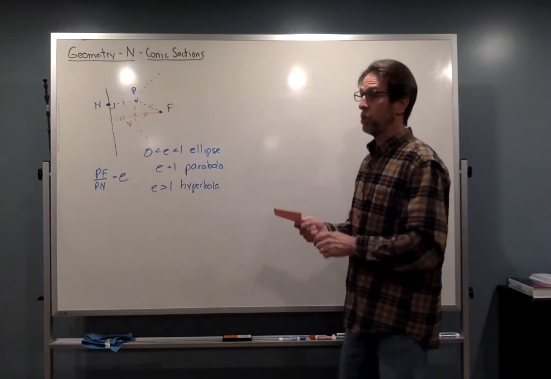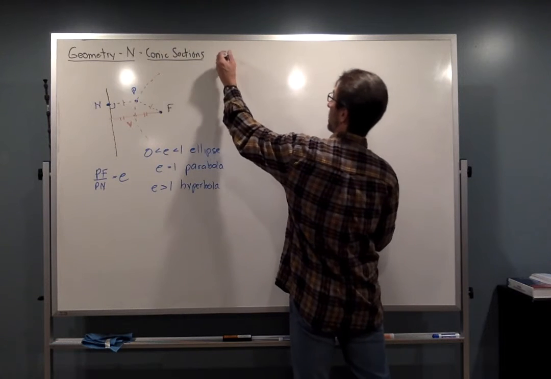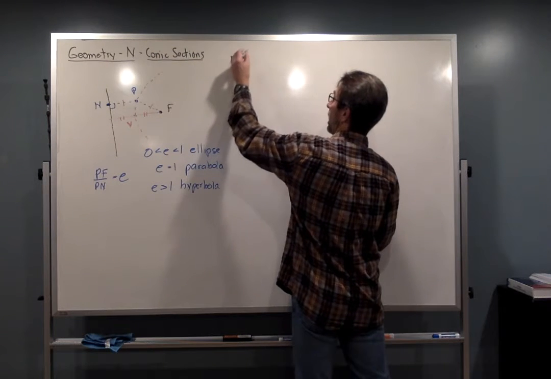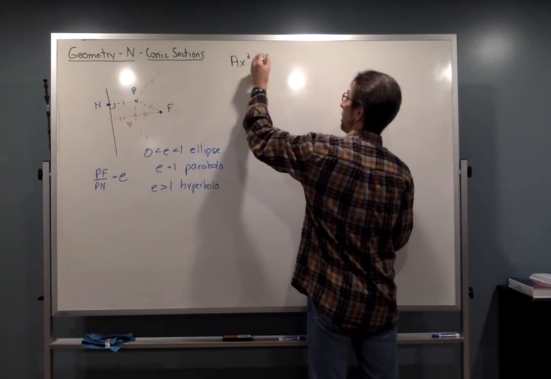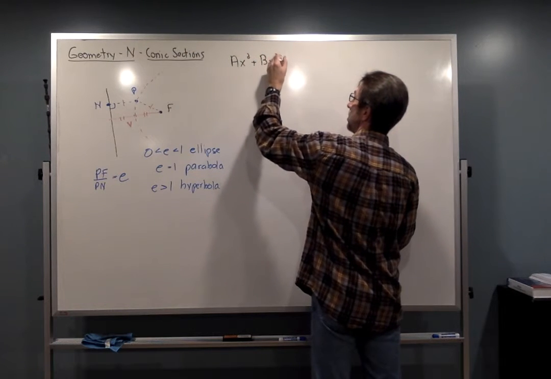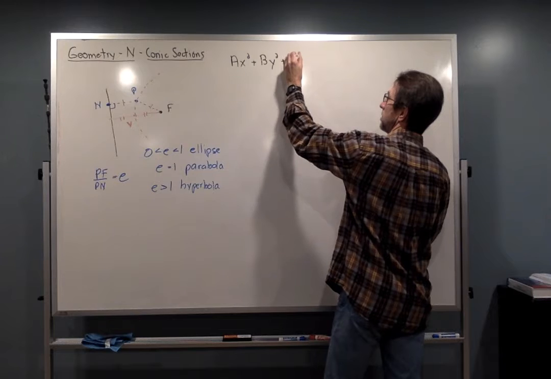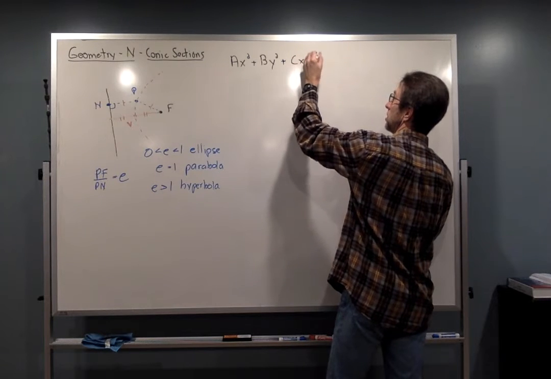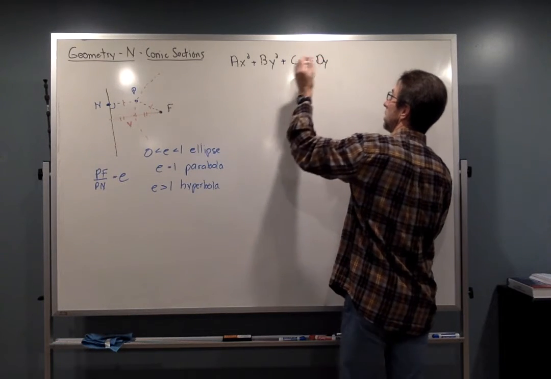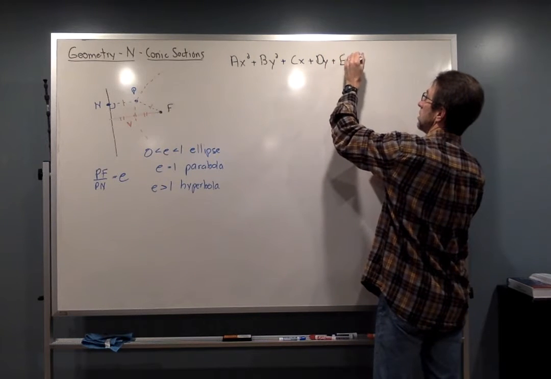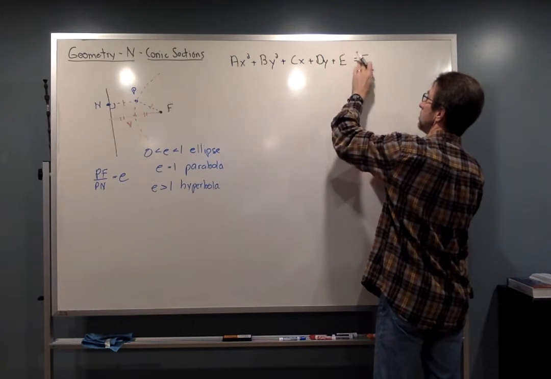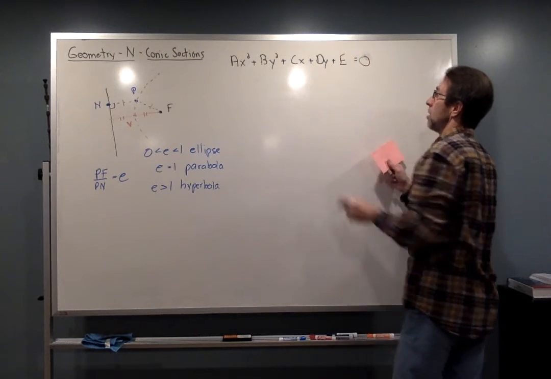I like to think of a general conic that's going to look like this: Ax squared plus By squared plus Cx plus Dy plus E equals, you could just say, 0.